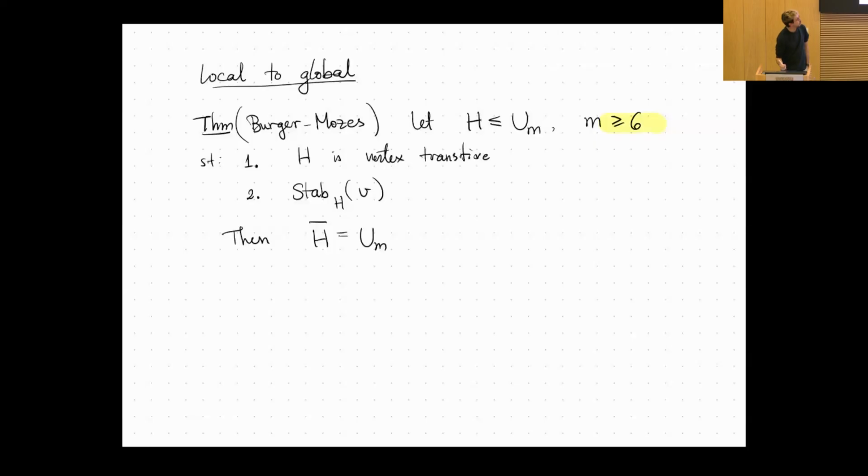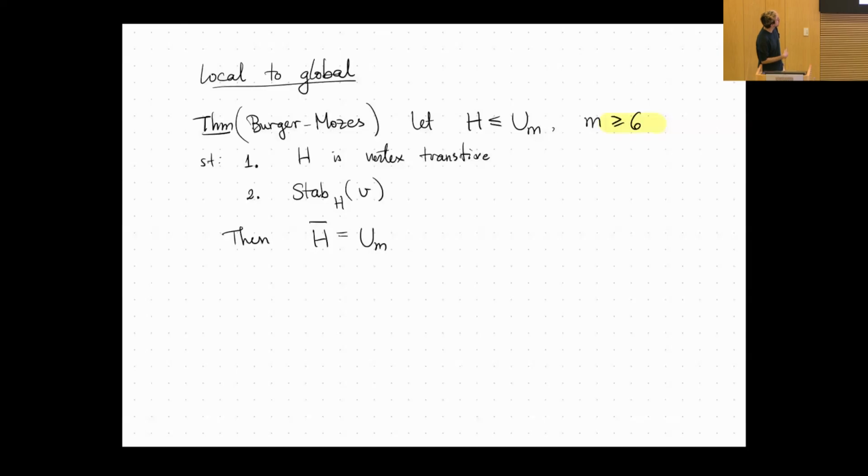Okay, note that I'm already assuming that H sits inside the universal group. So we know that locally H induces even permutations. But what we want is to assume that it actually achieves all of them. Okay, locally.